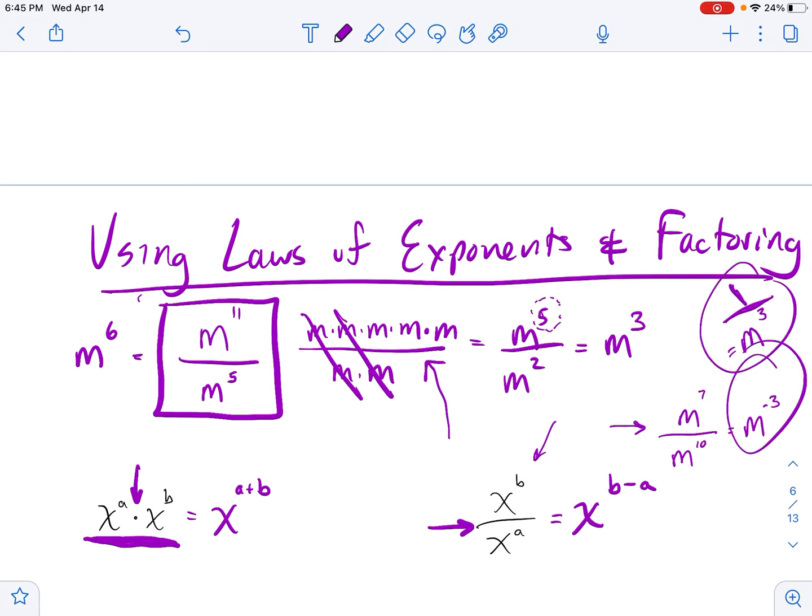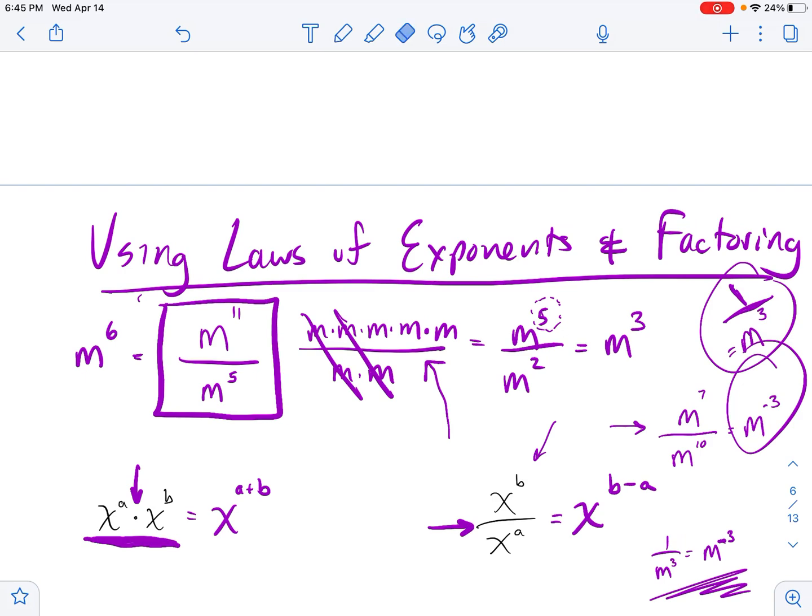And yes, both of these answers are true. 1 over m to the 3rd is the same thing as m to the -3. Now we're going to learn a little bit more about negative exponents, but this will be just laying some breadcrumbs, so we're aware of that.